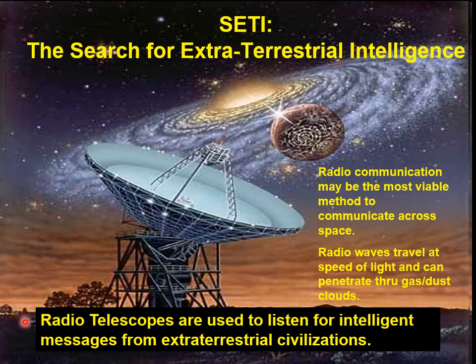SETI is basically a project using mostly radio telescopes to listen for intelligent messages from extraterrestrial civilizations. So the idea here is that if another technological civilization like our own was using radio technology, then some of these radio waves would escape into space.